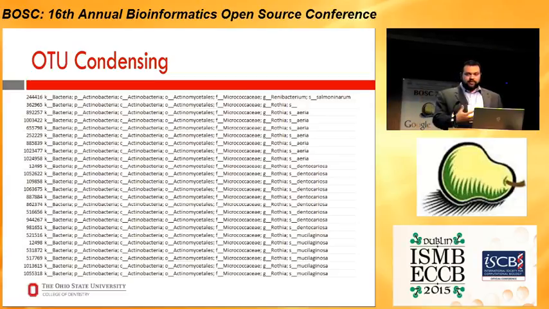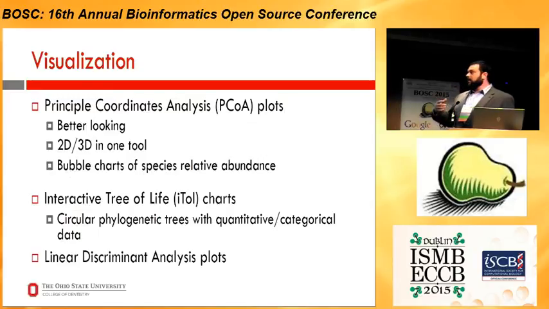So we provide some facilities to condense those down into a single representative OTU per species. We also have a bunch of programs for either slightly better or alternate visualizations of a lot of the data.